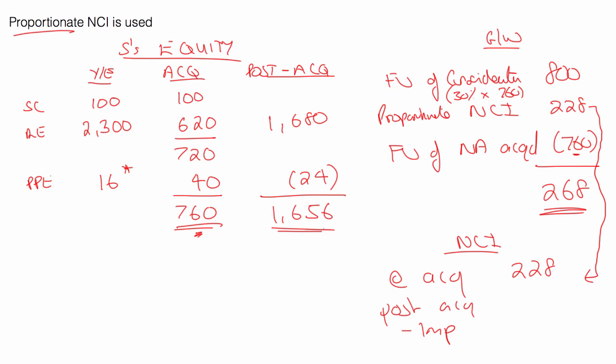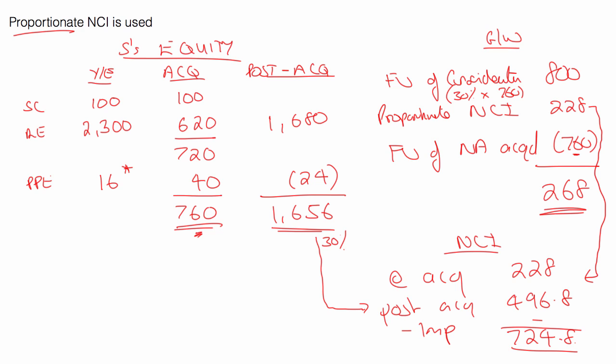Post-acquisition, here's the post-acquisition column. So we're going to give them their share, which is 30%. 30% then of 1656. So 1656 times by 0.3 comes to 496.8. No impairment, so then just add on the 228 at the start, which means at the year end, NCI was 724.8. I am going quickly on purpose.